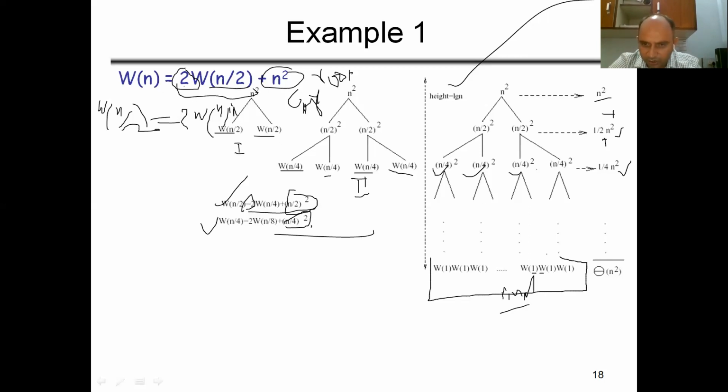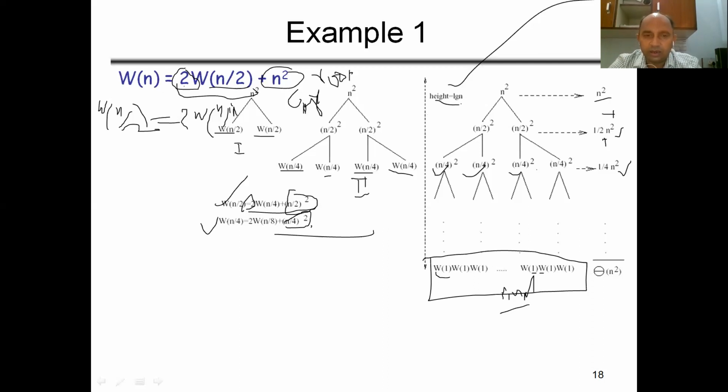I know that the cost of each node at the last level is 1. If we multiply the total number of nodes by the cost of one node at the last level, I can find the cost. To solve this problem, we have to find the depth of this tree.